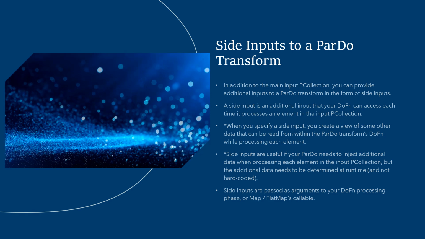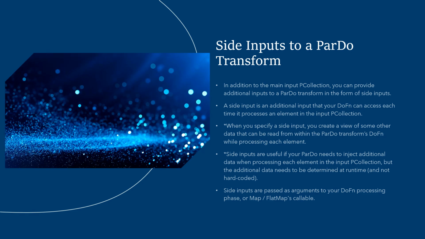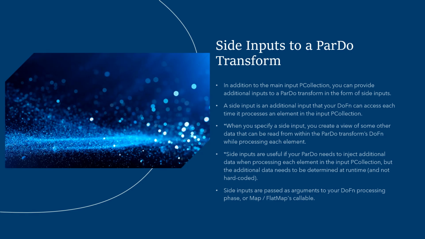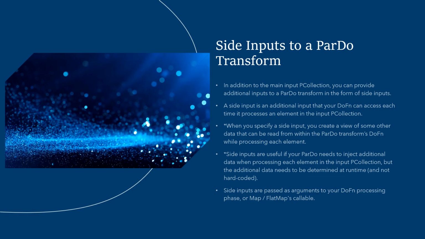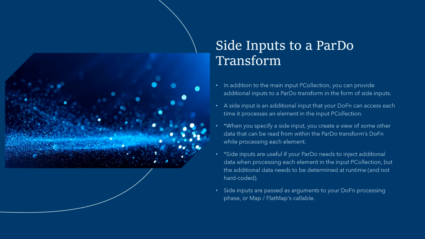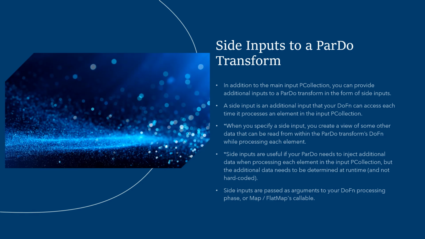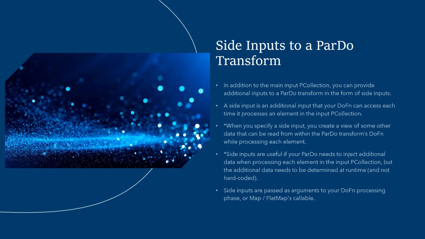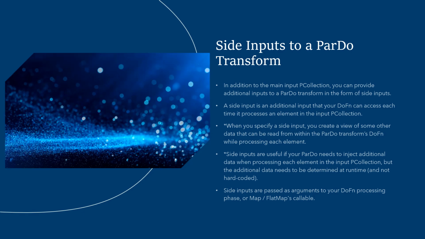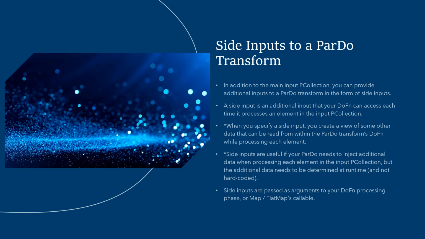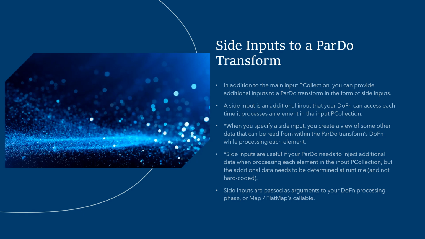Side inputs are useful if your ParDo needs to inject additional data when processing each element in the input PCollection, but the additional data needs to be determined at runtime and not hard-coded. Side inputs are passed as arguments to your DoFn's process method, or Map or FlatMap callable.